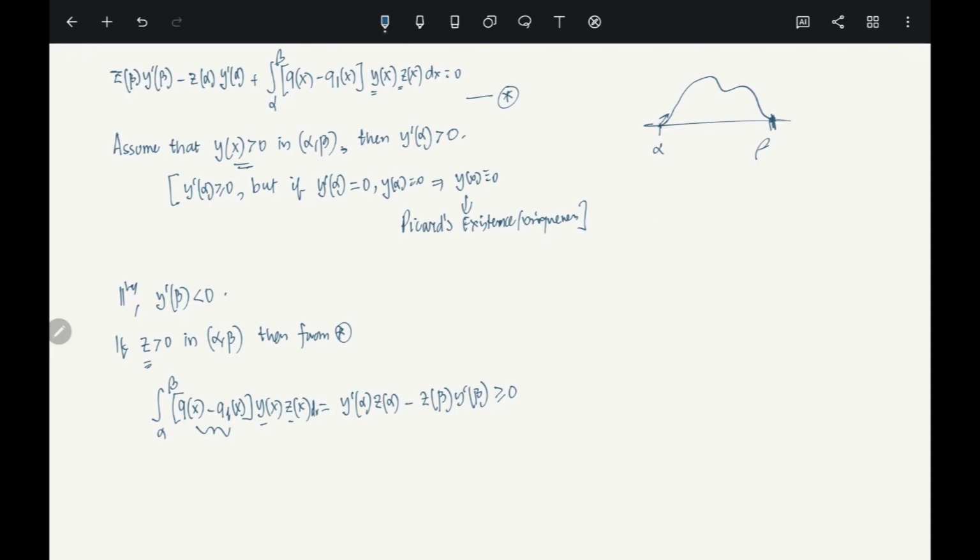So this cannot happen unless, see, y and z are non-trivial, unless q is identically equal to q1.